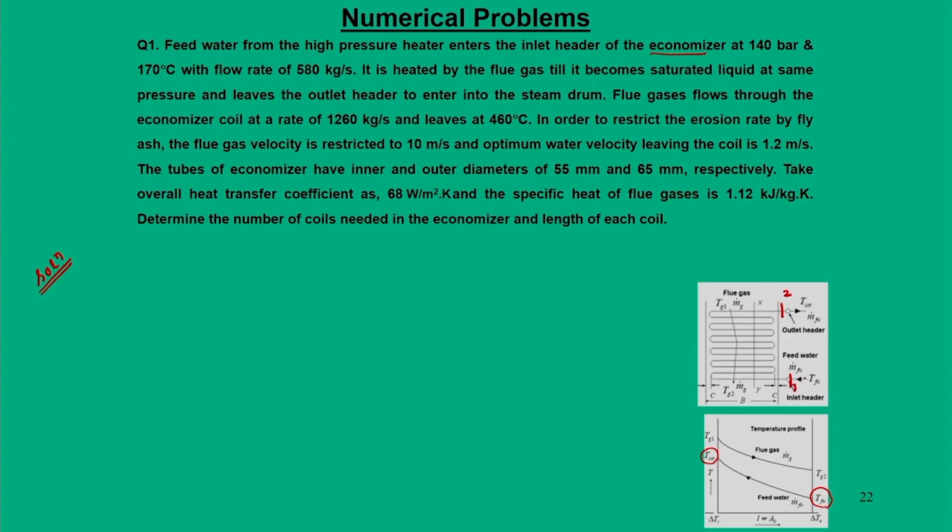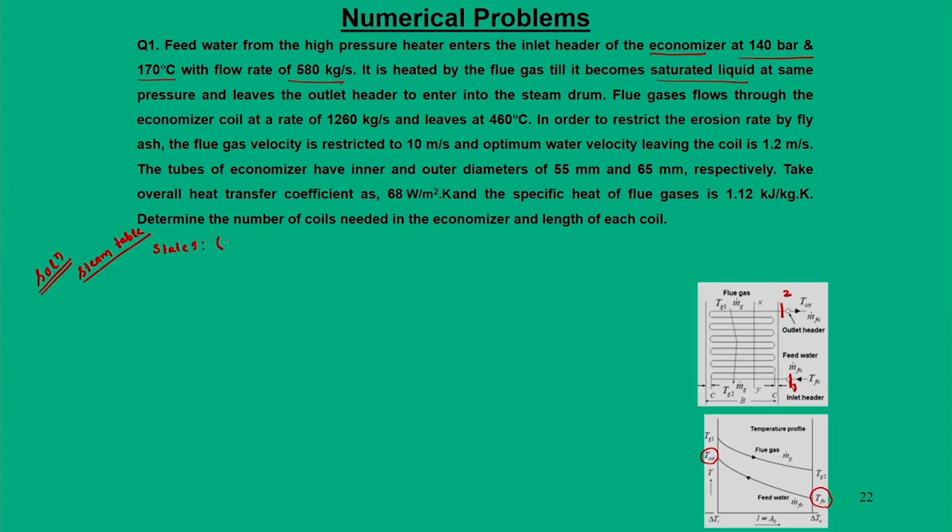Now, from the data given for the feed water, it is at 140 bar and 170 degree centigrade, with a given flow rate, and it is heated till it becomes saturated liquid. So, we have to use the steam table first, for state 1.